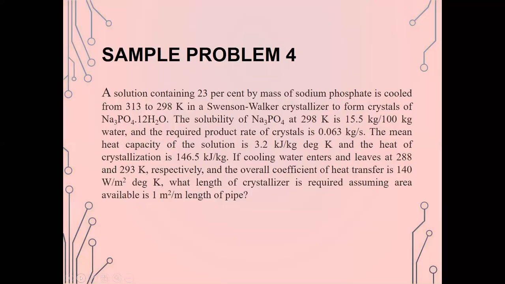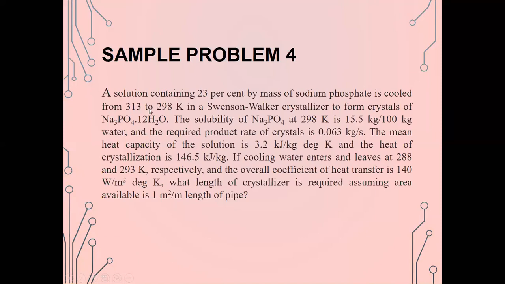And we have sample problem number 4 for the Swenson-Walker crystallizer. A solution containing 23% by mass sodium phosphate is cooled from 313 to 298 Kelvin in a Swenson-Walker crystallizer to form crystals of sodium phosphate, with 12 waters of hydration.